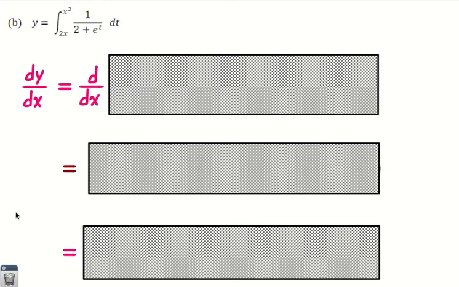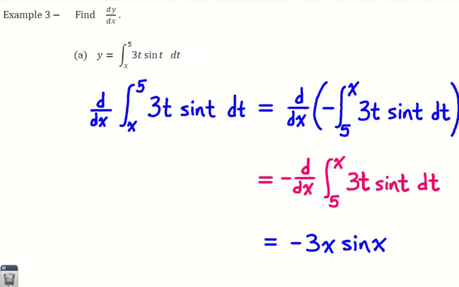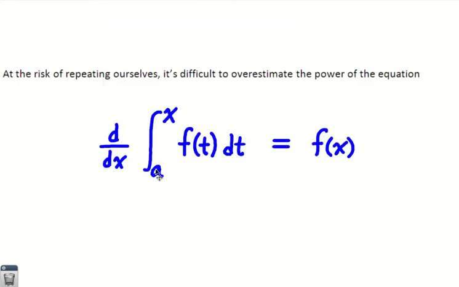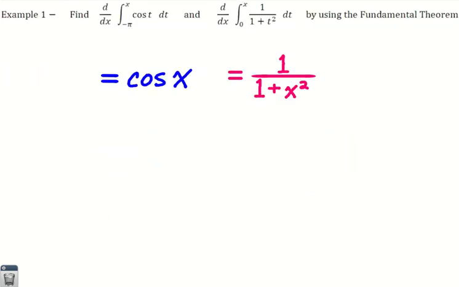Final plot twist. Final curveball, if you will. What about taking the derivative of this integral from 2x to x squared? What are we going to do here? I mean, this doesn't look like it fits the fundamental theorem at all, where it's some number to x.